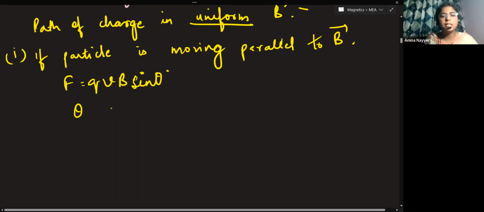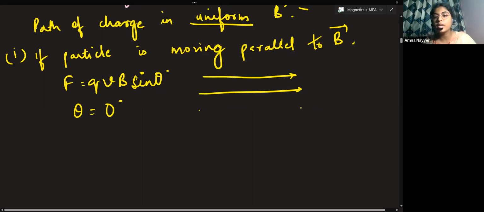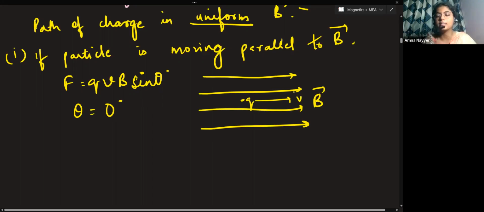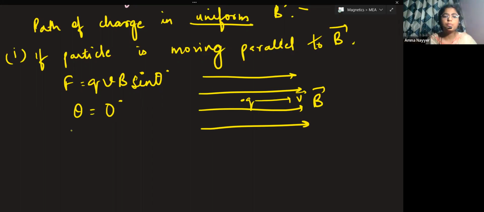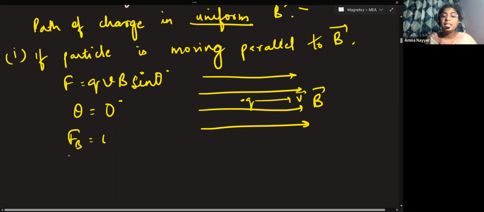Theta here will be 0 degrees because the particle is moving parallel to the magnetic field. So the force will be 0, which says that the path will not change.